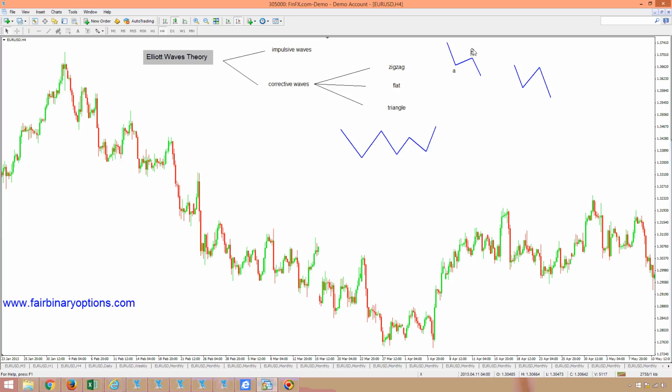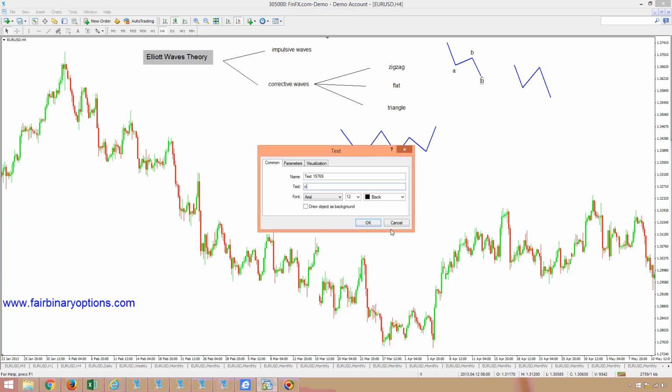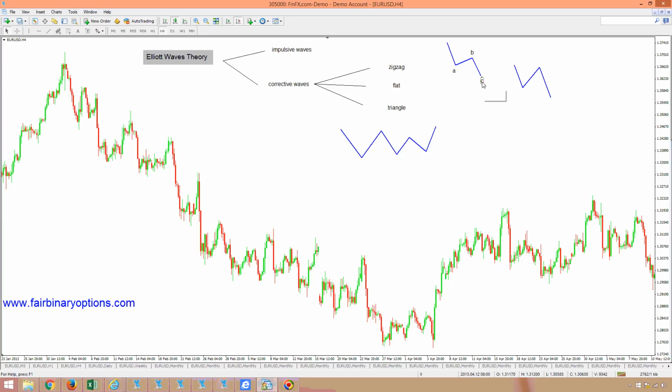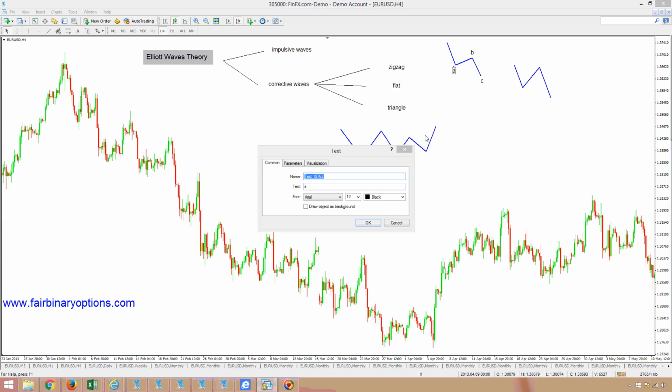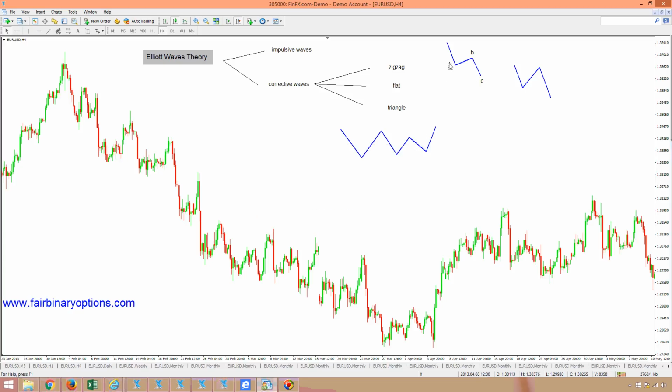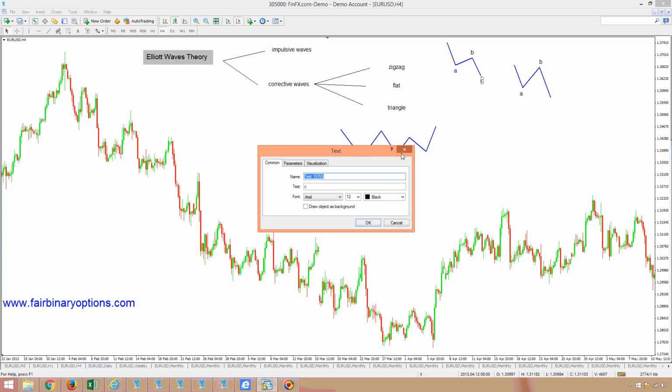This would be the C wave. A, B, C. This would be wave A as well. This would be the B wave. And then the C wave here as well.